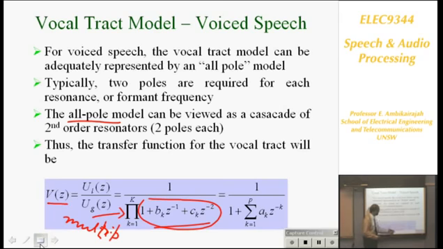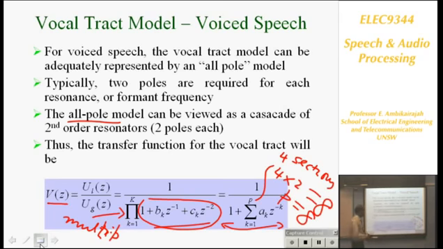If you expand this, it becomes a polynomial. If I have 4 sections, then P becomes 4 times 2, which is equal to 8. So P will become 8, an 8th order equation, an 8th order filter.